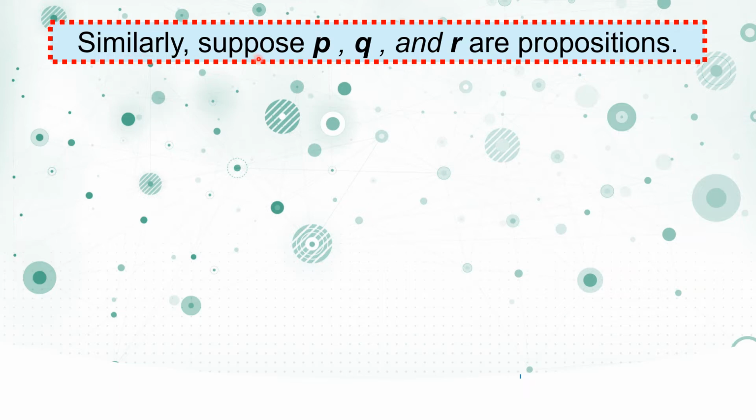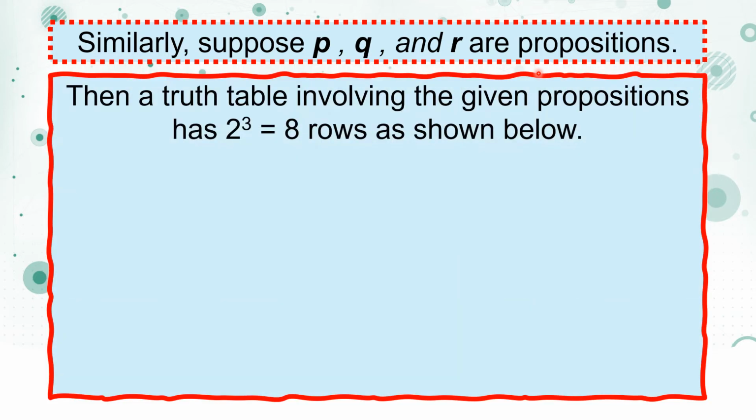Similarly, suppose P, Q, and R are propositions. So, paano natin maipapakita or gagawin yung kanyang truth table? Then, a truth table involving the given propositions has 2 raised to 3 or 2 cubed equals 8 rows.